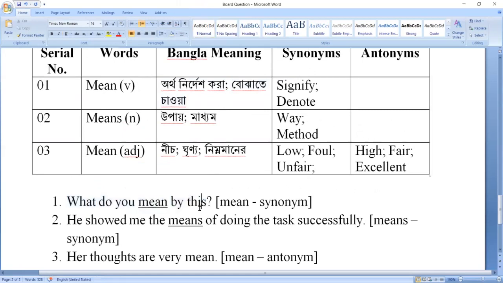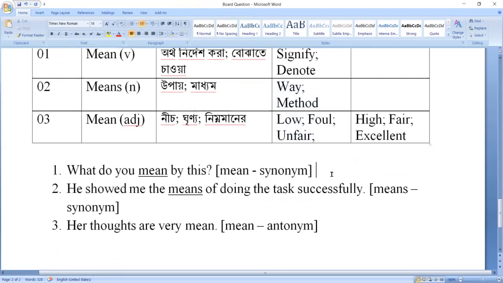So here when we are going to find the synonym of the word mean, we have to use the word signify, denote or the words meaning in this way. Okay, but we cannot use low, foul, unfair, way or method, etc. because these synonyms give different meanings.